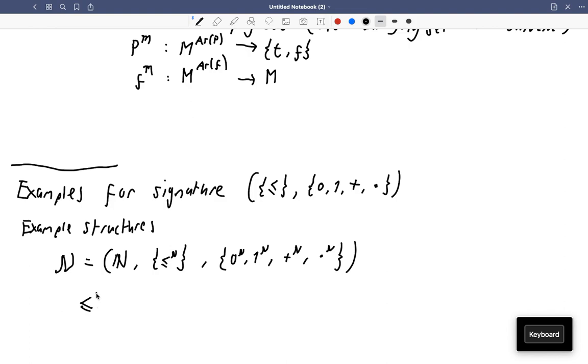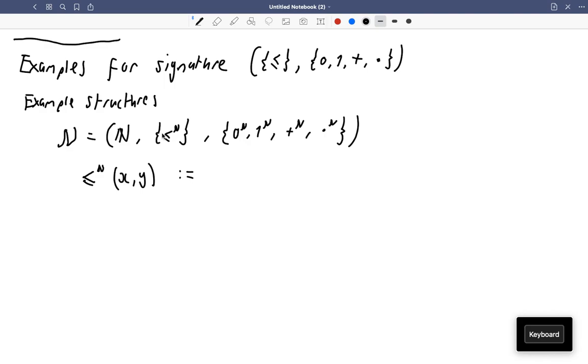Less than or equal in the natural numbers, when applied to natural numbers x and y: the arity of the less than or equal symbol is 2, so it expects a pair of arguments from the underlying set, which here is the natural numbers, and it will map any such pair of arguments to either true or false.